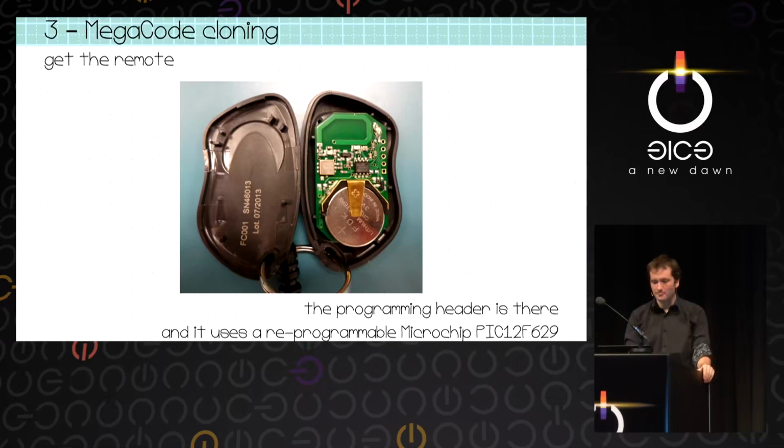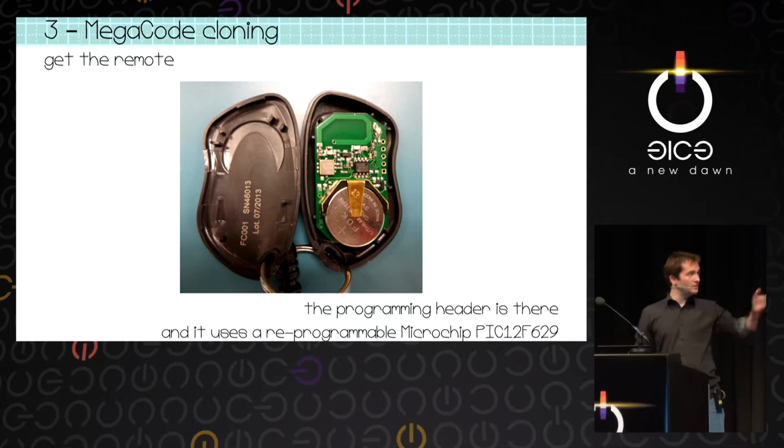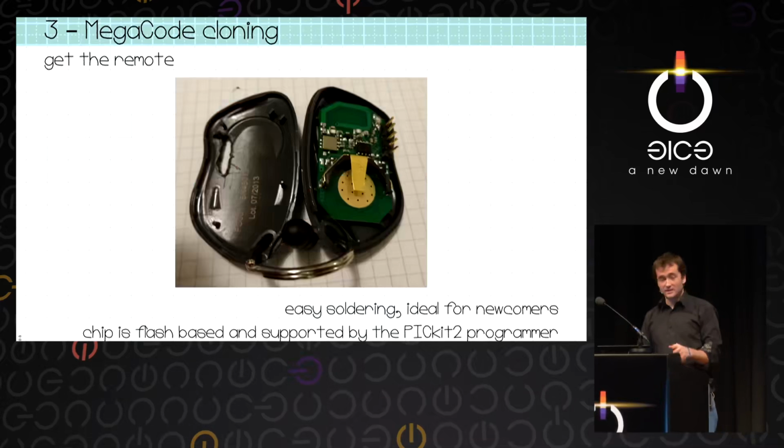We can read from the top markings on the chip what kind of microcontroller it is, and this one is flashable. It's again a Microchip PIC microcontroller, but it's based on flash and I can program it.